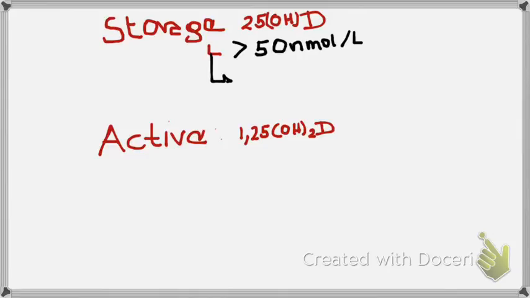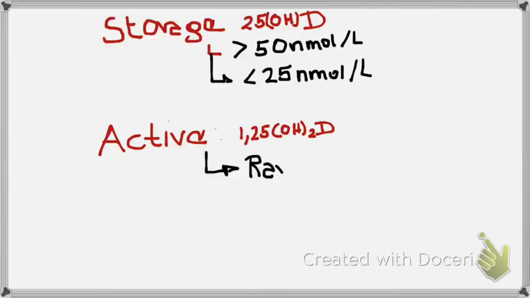We consider that there is a deficiency when the storage form is less than 25. The measurement of active vitamin D is rarely indicated, so we're not going to give the normal values.